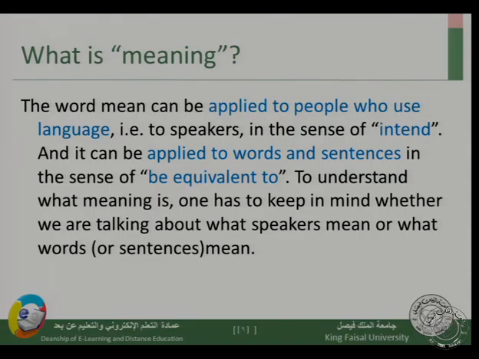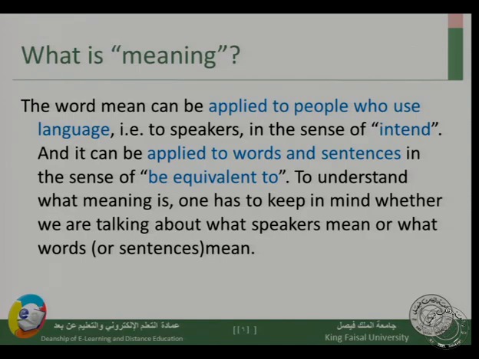This use is meant as, what is the equivalent of these words and these sentences? To understand what meaning is, one has to keep in mind whether we are talking about the speaker or whether we are talking about the words and sentences. Are we talking about what the speaker means or what the words and sentences mean?